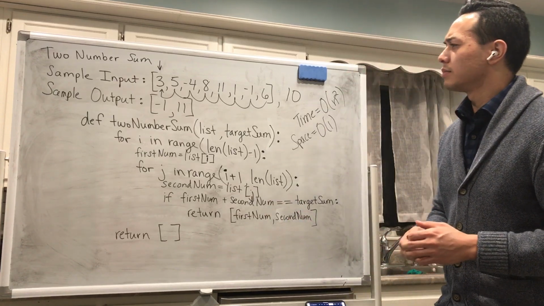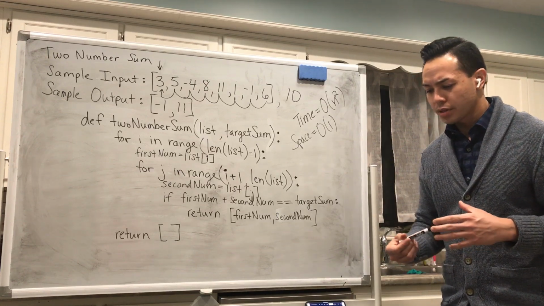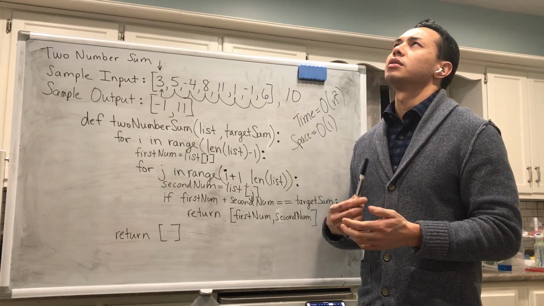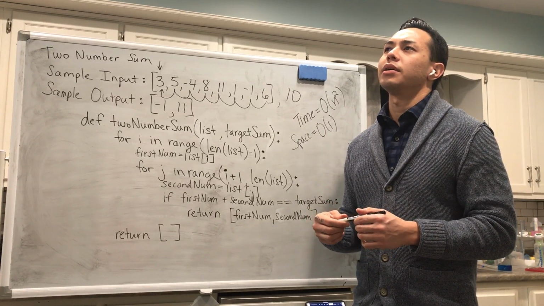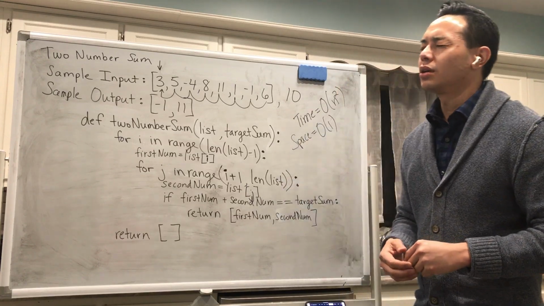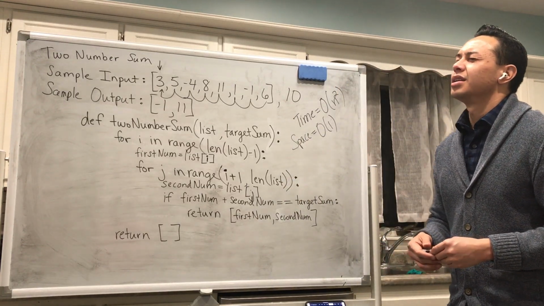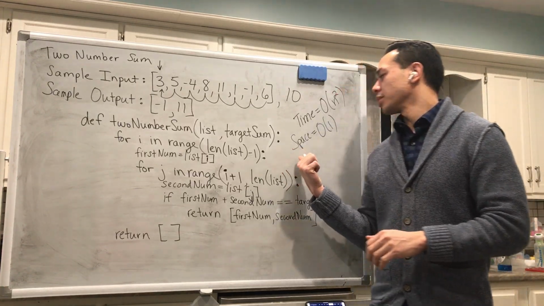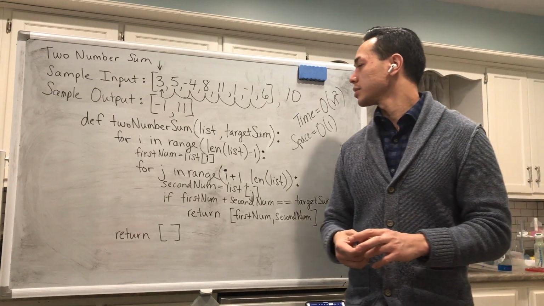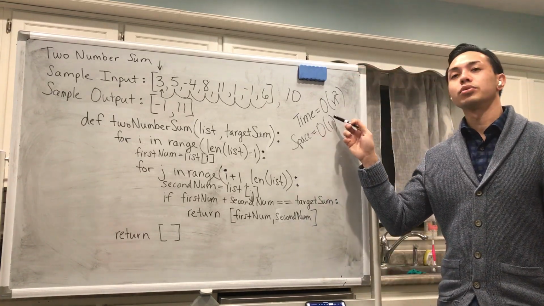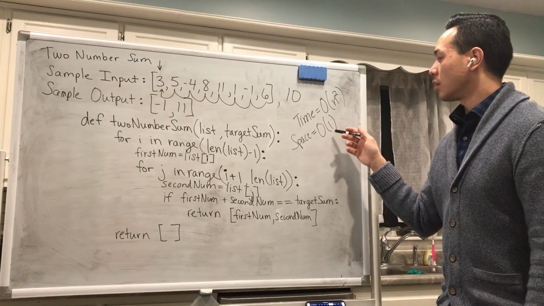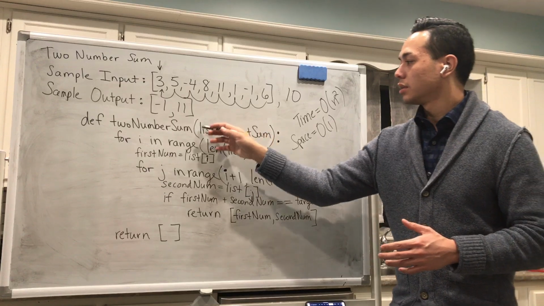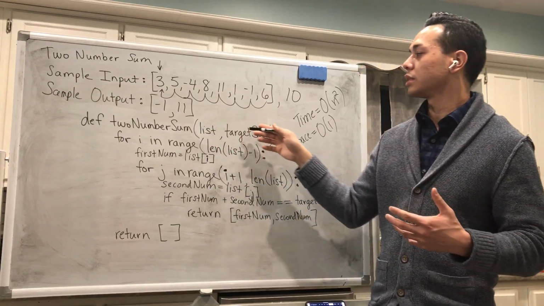Whereas the sorting and pointers solution, because it uses sorting, I believe is going to yield a runtime complexity of O of n log n, and a space complexity of O of 1. So the time complexity improves on that solution. Space complexity remains O of 1, which is great, right? We're not creating anything outside of the memory we need for the given inputs.